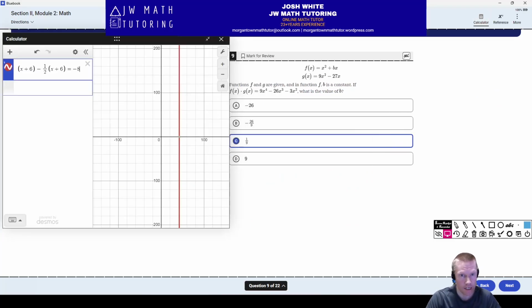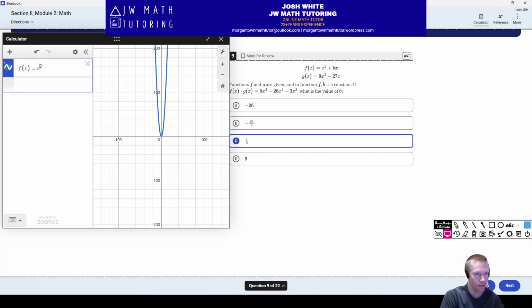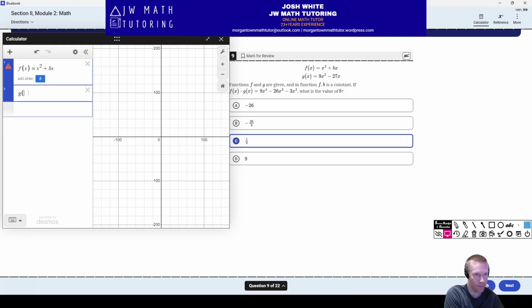However, again, you do not need to do all that work. You can do this entirely in Desmos. So what we do first is I type the first function. Don't worry about B yet. We'll do that in a second. Then I type the second function.